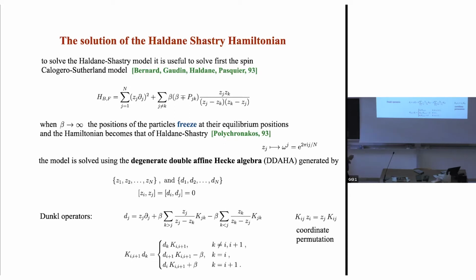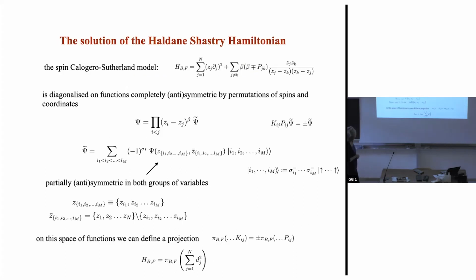The Dunkl operators are covariant under permutations if the permutations are far away, and there is some defect of commutation when they are close to each other.